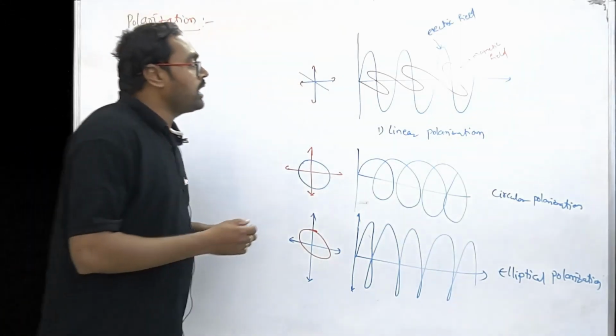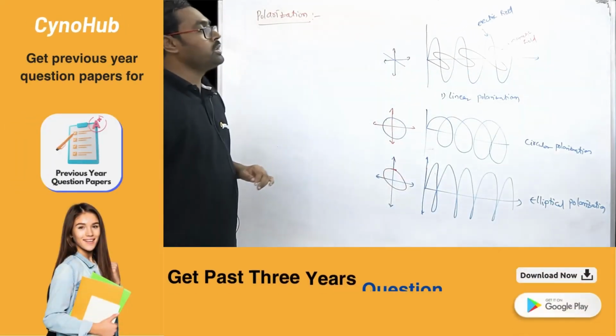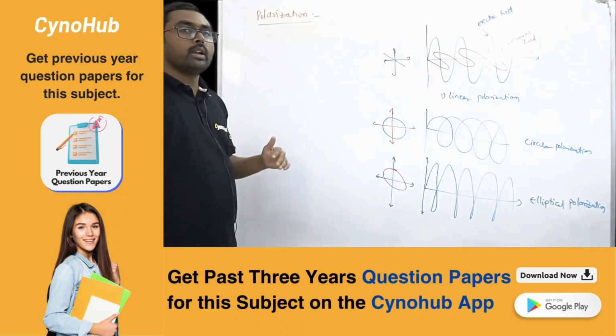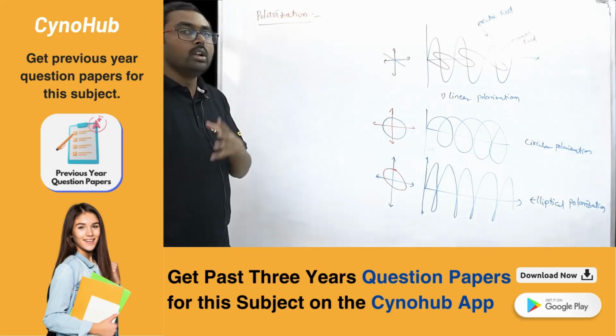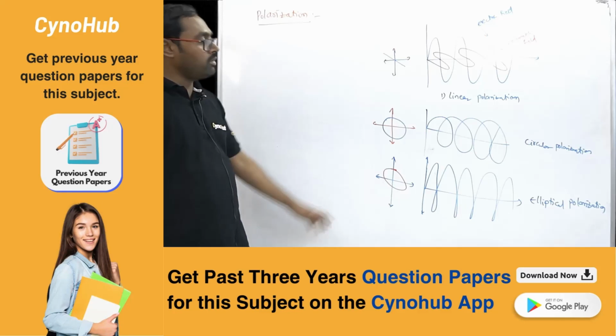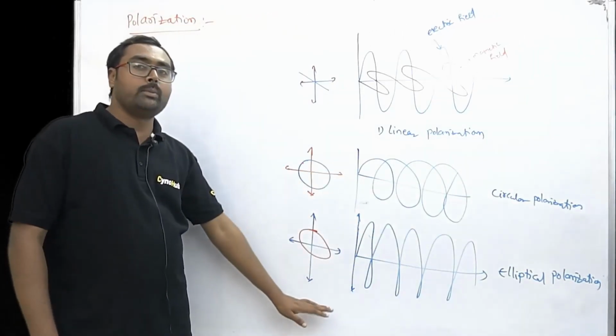Where and how the resultant wave propagates, along which line, depends upon how the wave is polarized. So we have three types of polarization: linear, circular and elliptical.